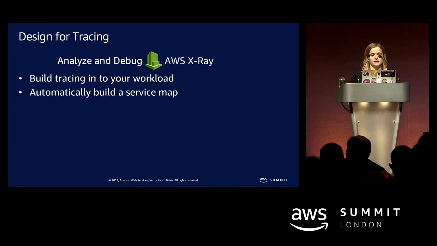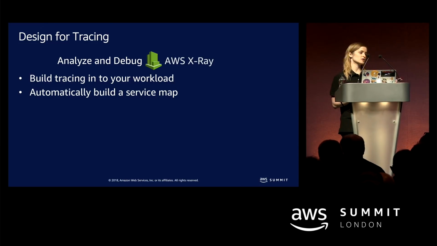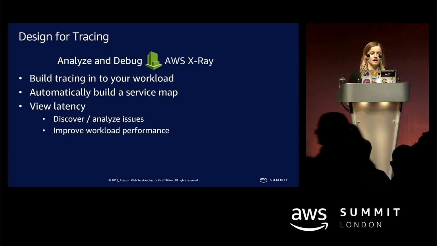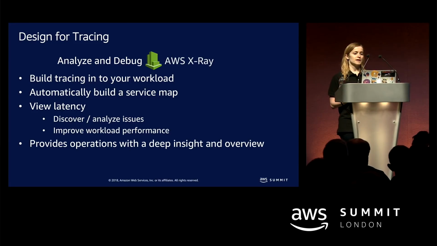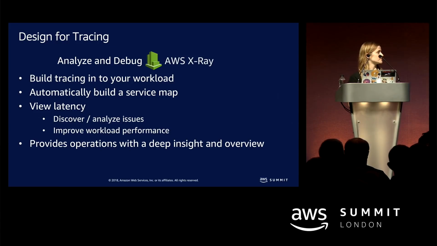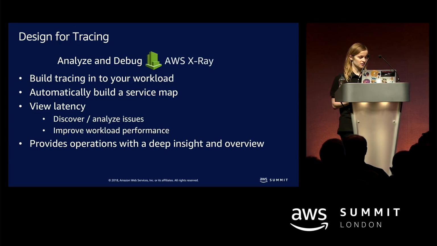And as X-Ray is providing this end-to-end view of your request, it also shows a map of your application and all the components and how they are connected. And you can discover application issues, like find out what the latency is, and you can follow the request path to pinpoint which particular service is causing a problem. It provides a good overview for operations to be more proactive and discover issues faster.